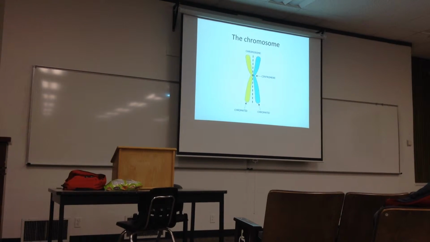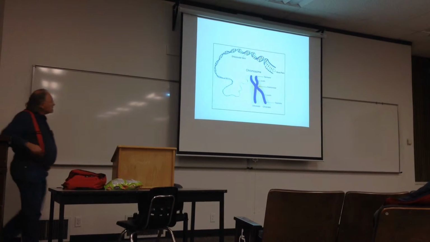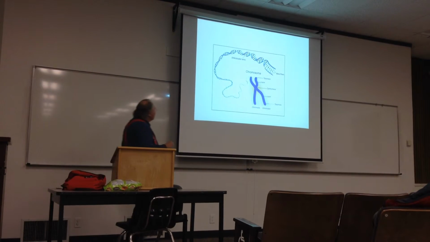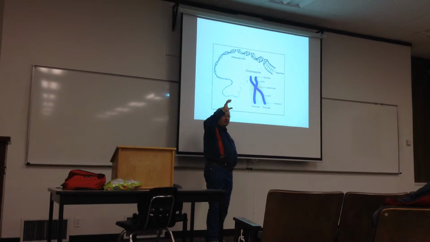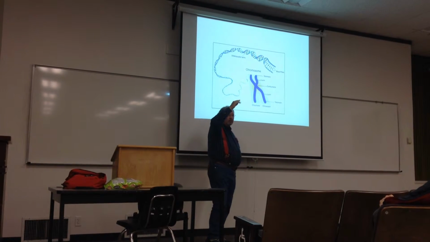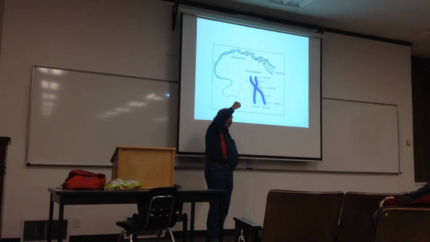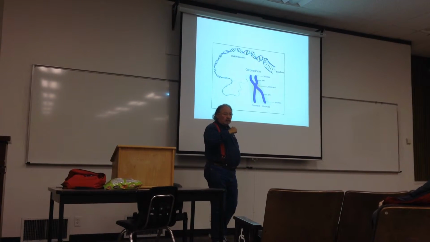Let's look at a little more complex picture. This is a chromosome. It's got the centromere, and it has two arms, a short arm on top and a long arm on the bottom. The short arm on top is called the P arm, and the long arm on the bottom is called the Q arm.